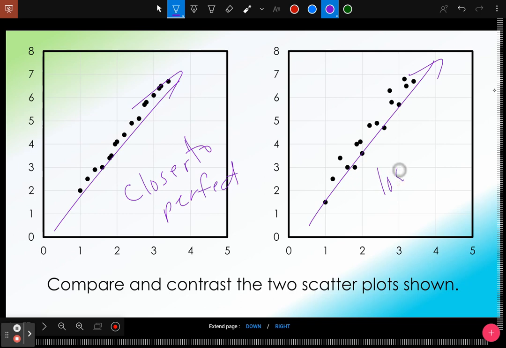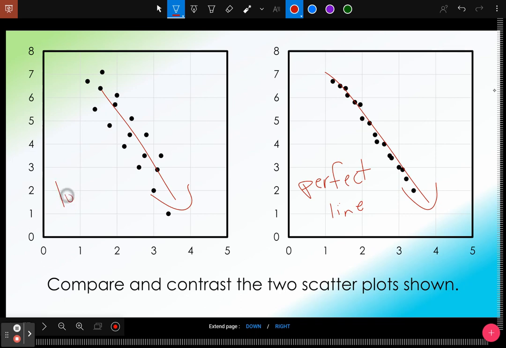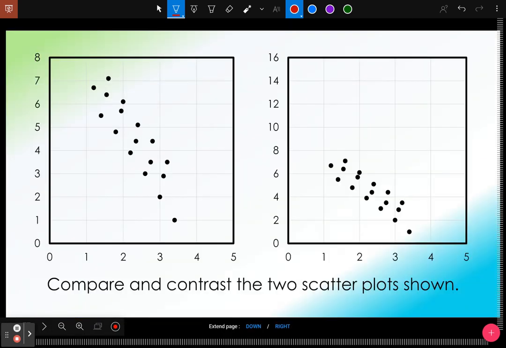These dots are looser, so they're not as close to a perfect correlation. Then we've got this one, which is both negative, but the same thing. This one over here is closer to a perfect line, which makes it closer to a perfect correlation. It just happens to be a negative correlation. These dots are looser, so this is not as close to a perfect correlation.